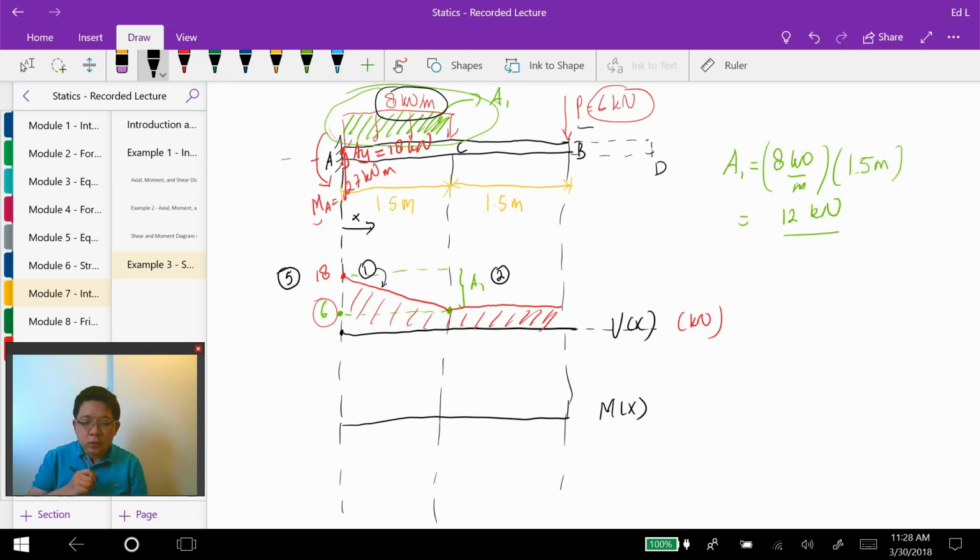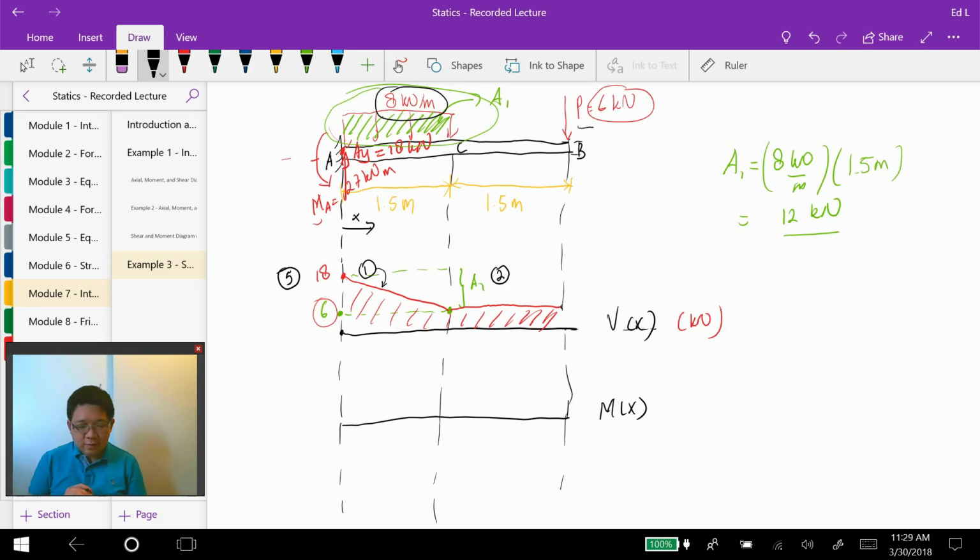Well, it will go to 0, because if we apply rule number 5, if we have a point load that acts downward, then the shear diagram is going to jump downward. It means that it's going to jump from 6 kilonewton here to 0 because P is 6 kilonewton. But that's hypothetical because we don't have this extension of the beam right here.